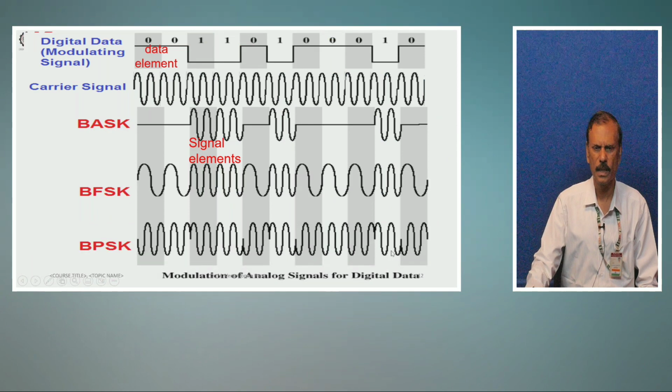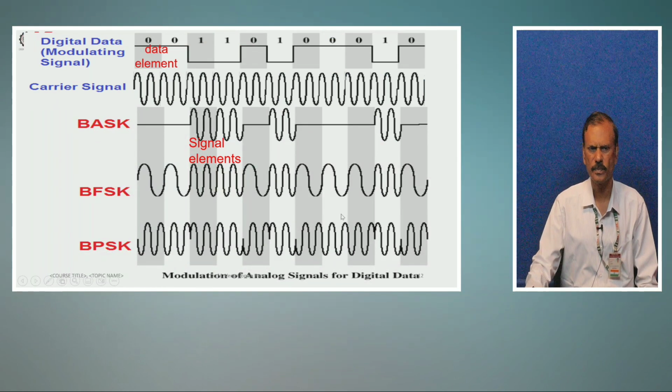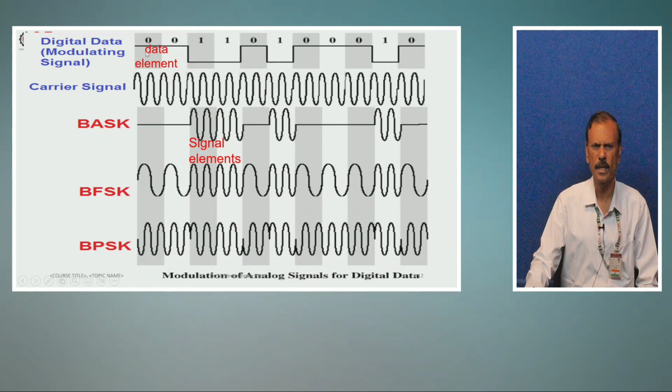For example, in digital carrier modulation, we represent a modulated signal in terms of binary data, that is zeros and ones like this. So 0, 0 are the data elements, and similarly 1, 1 are also data elements.